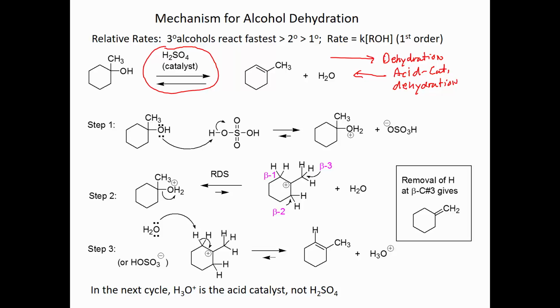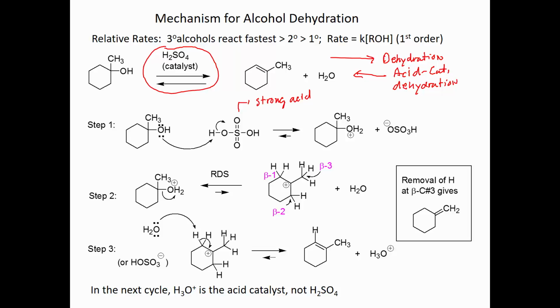In the first step, since sulfuric acid is a strong acid, this reaction is going to go to the right. We just take the alcohol and the acid and form the protonated alcohol and the anion, or the conjugate base of the acid. This is just, as we stated before, the Bronsted-Lowry equation where water has been replaced with an alcohol.